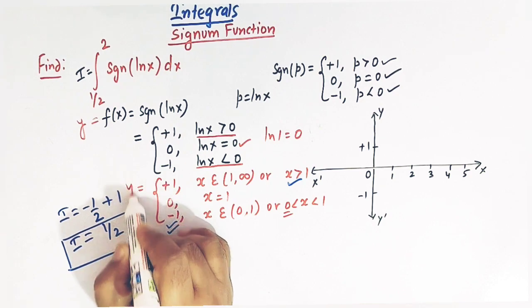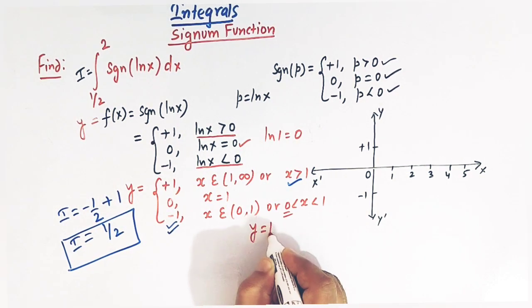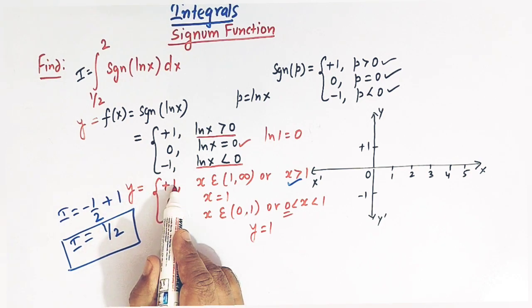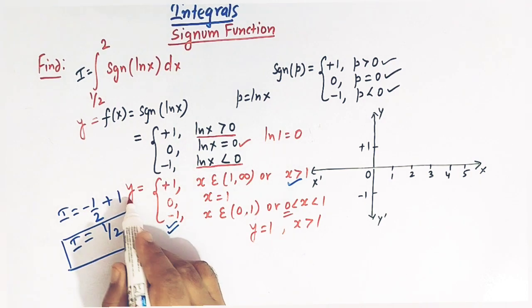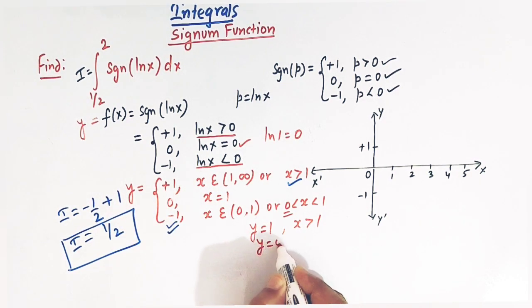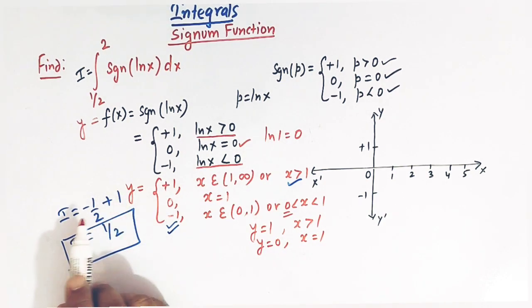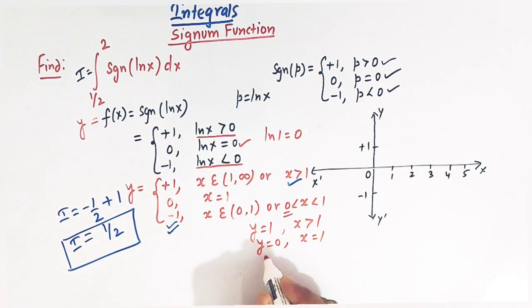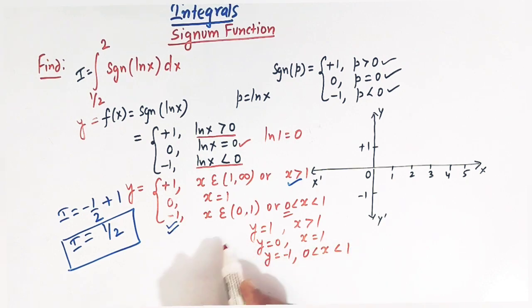So y is equal to 1 when x is greater than 1, and y is equal to 0 whenever x is equal to 1, and y is equal to minus 1 whenever x lies between 0 and 1, right?